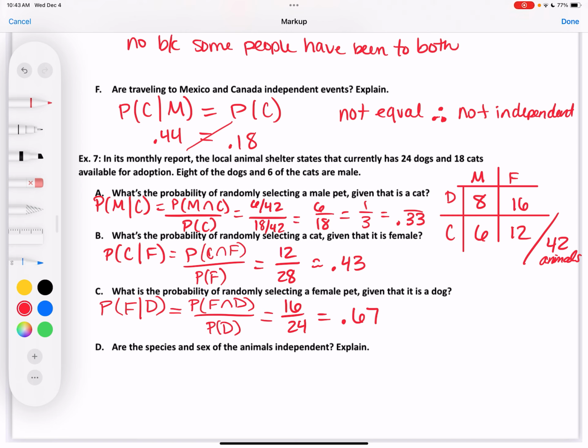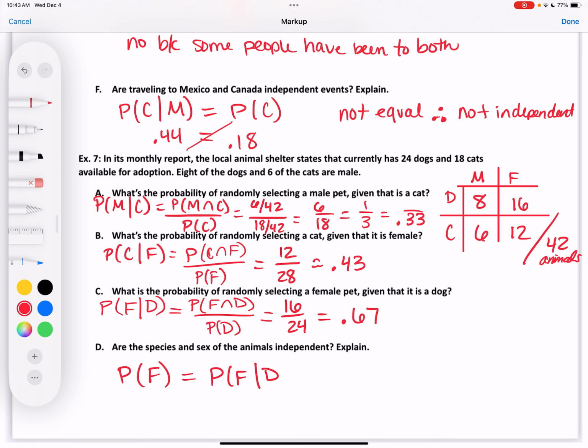So, are species and sex of the animals independent? I would choose basically one of these things that we have up here. The easy one would be just to use this last one. It really doesn't matter, but let's just use the last one. So probability of female is equal to the probability of female given dog.